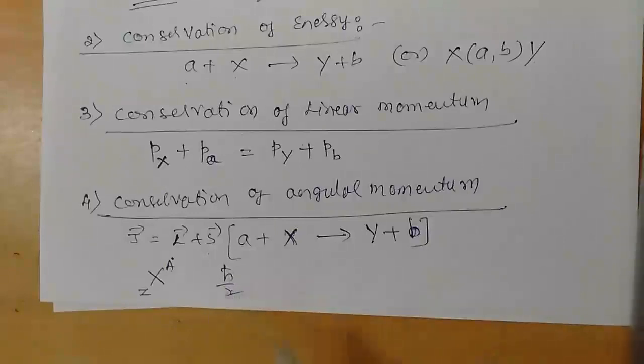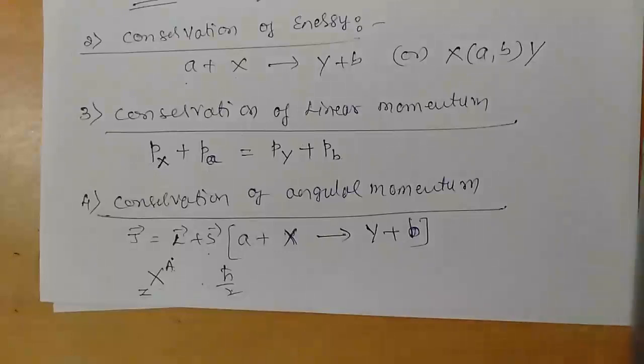And if a nucleus has an even mass number, then it will have an angular momentum of even multiples of h bar divided by 2. I'll repeat once again. If any nucleus has an odd mass number, then the angular momentum of that nucleus will be an odd multiple.